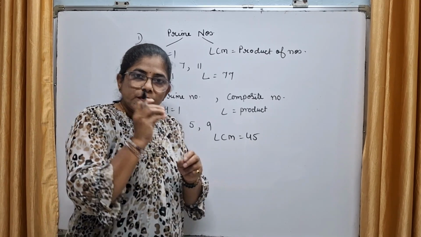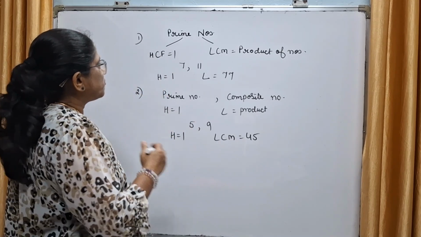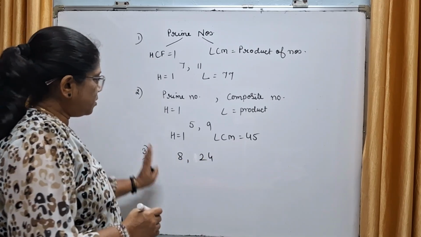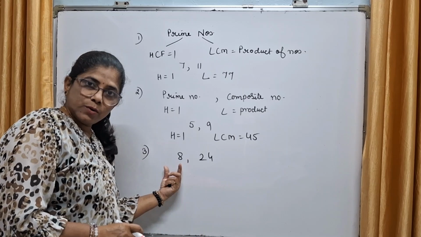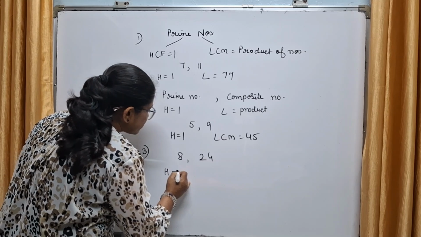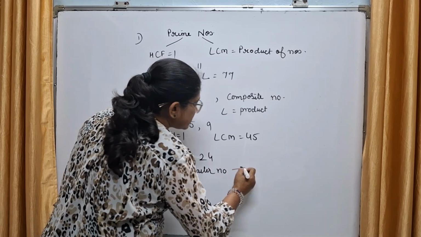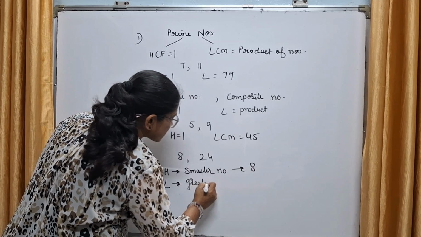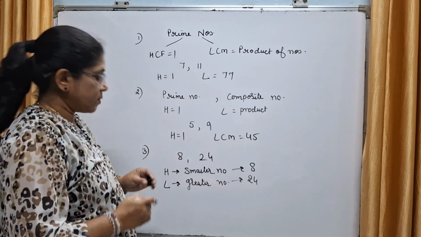If one number is a multiple of the other, means if the numbers are 8 and 24, so here 24 is a multiple of 8, then in such a case our HCF is the smaller number, means in this case our HCF is 8, and LCM is the greater number, means in this case our LCM is 24.